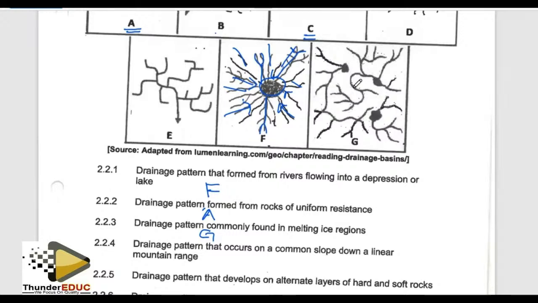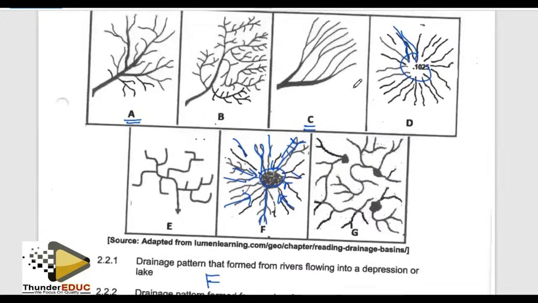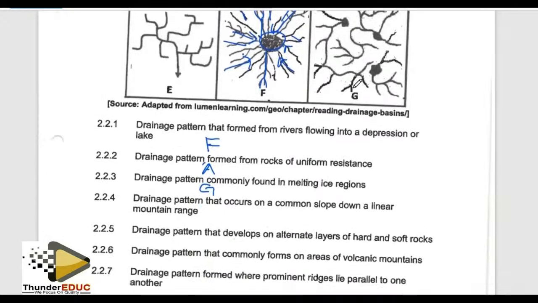Then 2.2.4, a drainage pattern that occurs on a common slope down a linear mountain. That would be C.